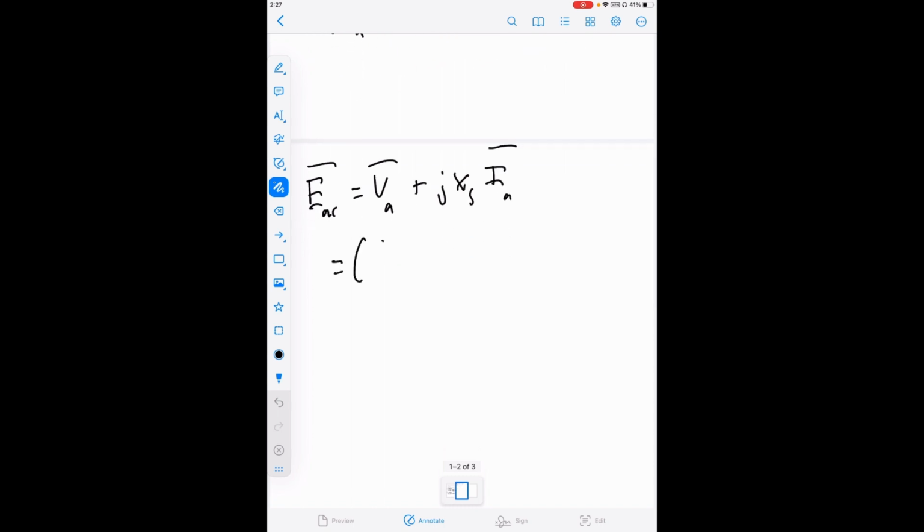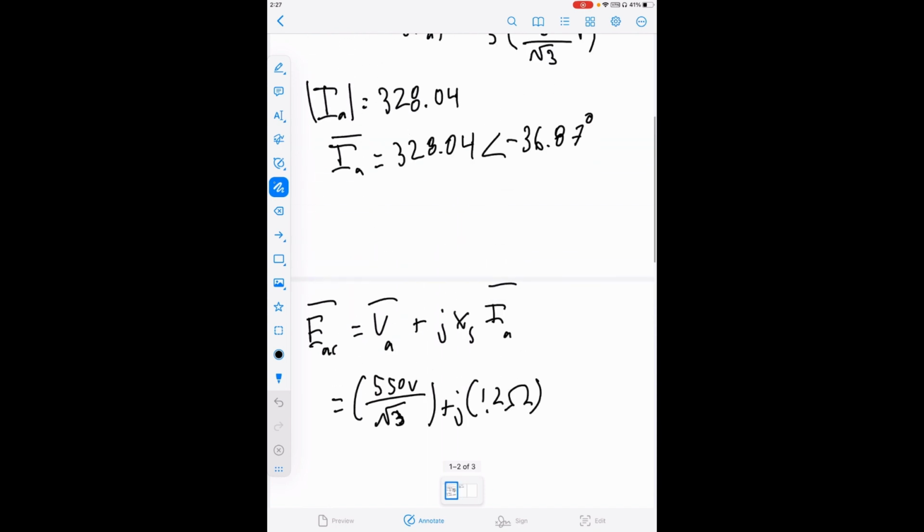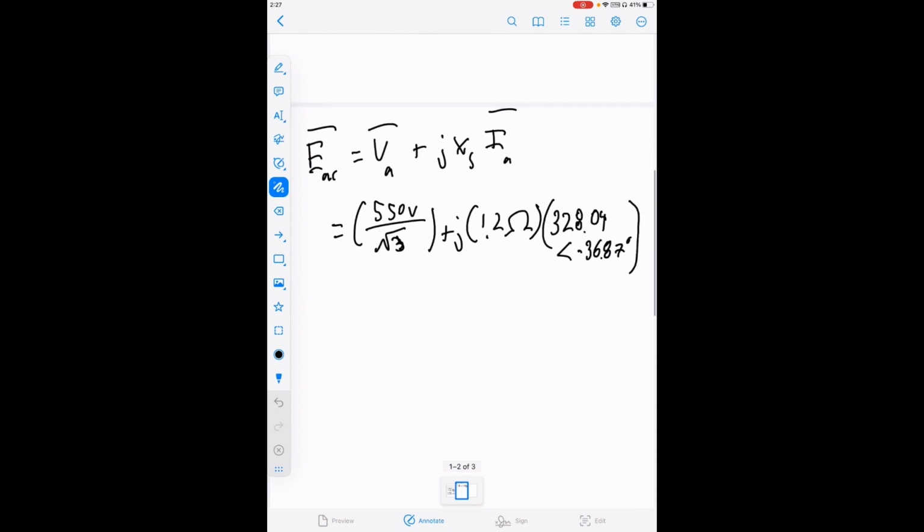So VA, 550 volts divided by the square root of 3, plus J, 1.2 ohms, and then our current, and that gets us our excitation voltage.